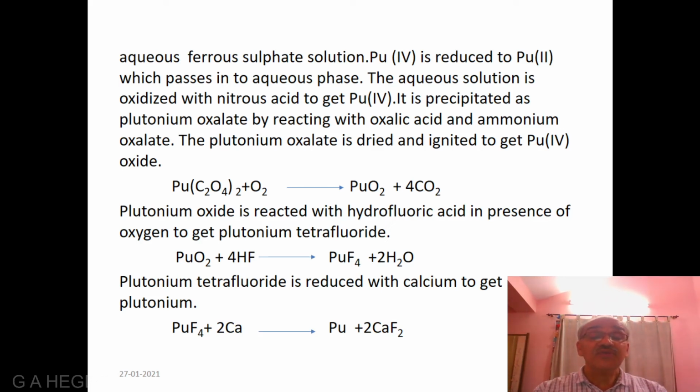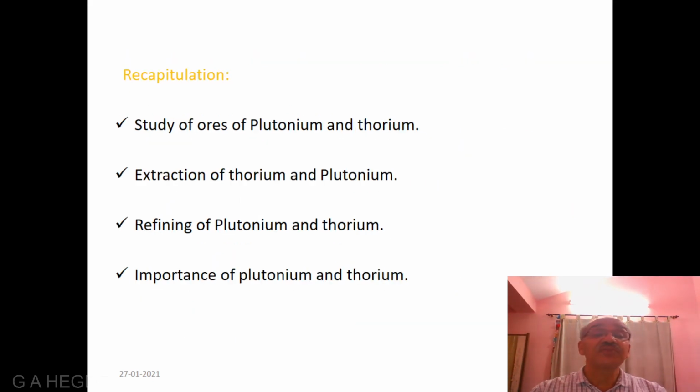PuO2 plus HF gives rise to PuF4 plus H2O. Plutonium tetrafluoride is reduced with calcium to get plutonium. PuF4 plus Ca gives rise to Pu plus CaF2.